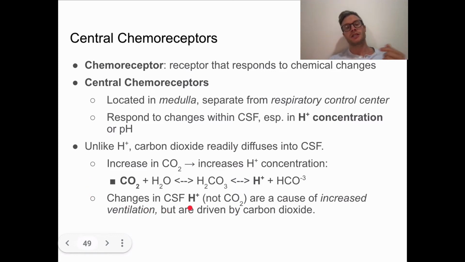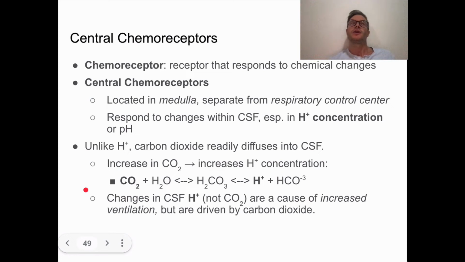So changes in the cerebral spinal fluid of hydrogen protons, not the CO2, are the cause of increased ventilation. But this whole process and that whole increase of these hydrogen protons in our cerebral spinal fluid is because this buffer system is driven in this direction by carbon dioxide.